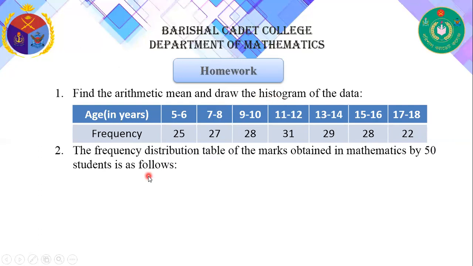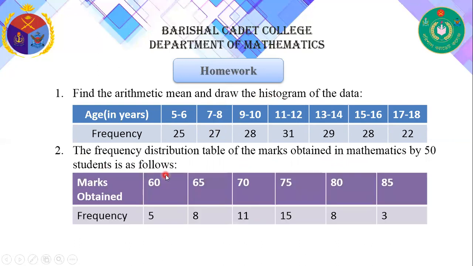And number 2, the frequency distribution table of the marks obtained in mathematics by 40 students is as follows. The marks obtained: 60, number of students 5; 65, number of students 8; 70, number of students 11; 75, number of students 15; 80, number of students 8; 85, number of students 3.